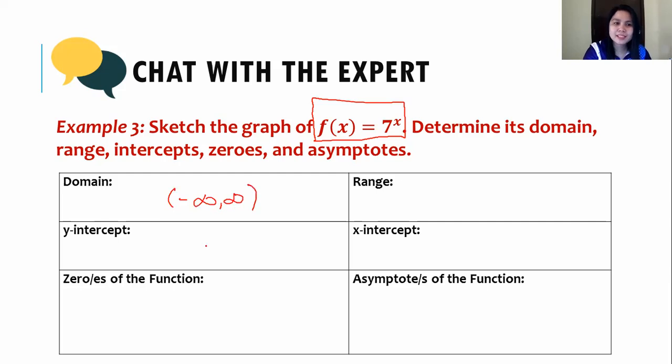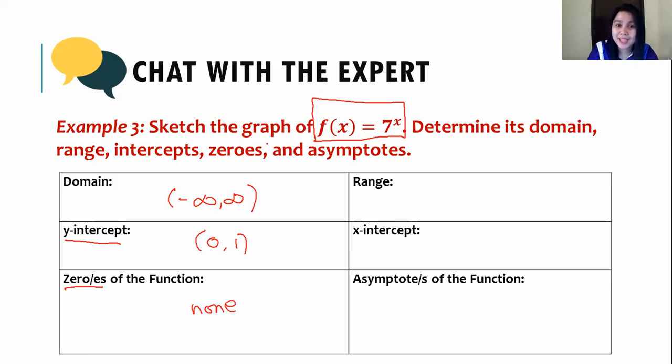Next, what is our y-intercept? Very good. 0, 1. What's the zero of the function? Very good, none, because it will never cross the x-axis.